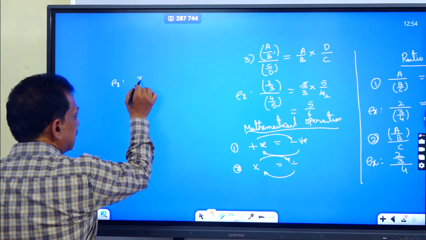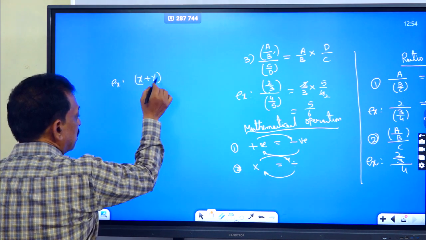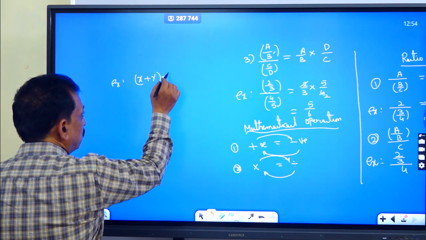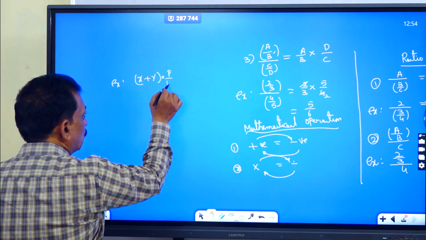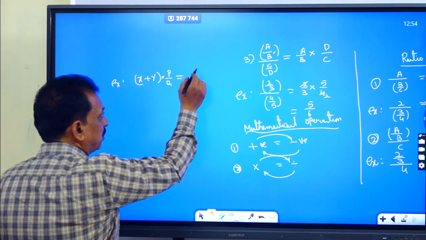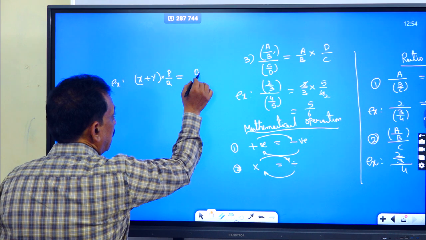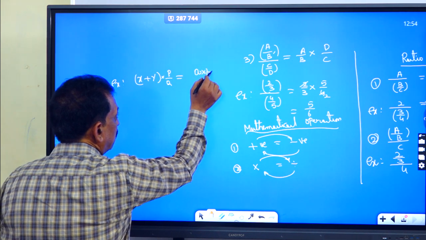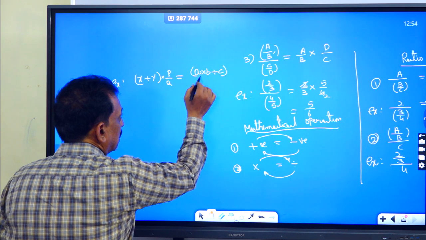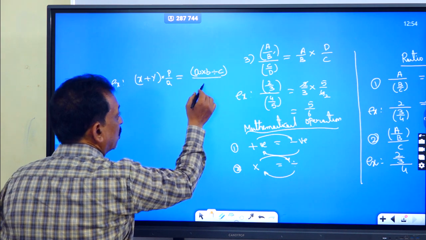I'm going to write x plus y into p by q is equal to something, and the result I am giving is a into b divided by c by k.